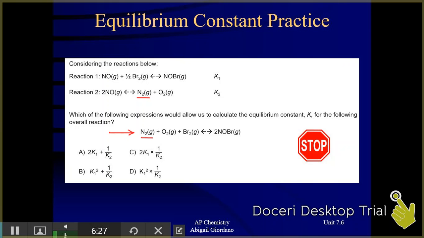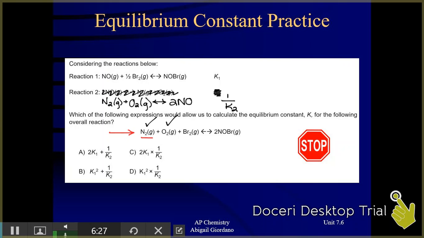But is it on the correct side? No. So I'm going to flip that reaction around and rewrite it just below. When I reverse a reaction, that K value isn't K2 anymore, it's 1 over K2. I'm going to scribble through this one because we don't need it anymore. So I've taken care of this.